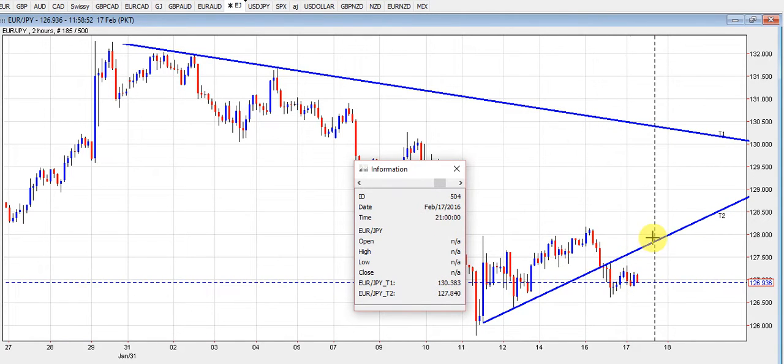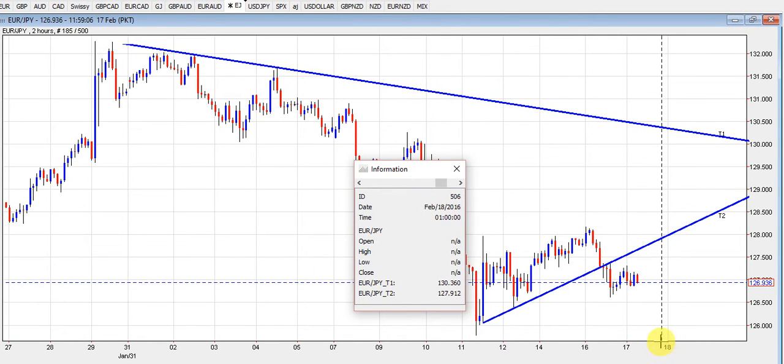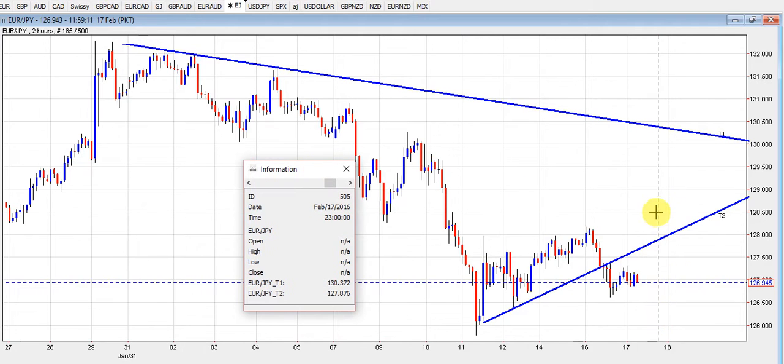So anything towards 127.85, 95 would be a good shorting opportunity to see it fall out towards 125.60ish, back towards this bottom, get a minor new low, but a bounce back to show that we have a double bottom scenario and we're getting a pushback up.